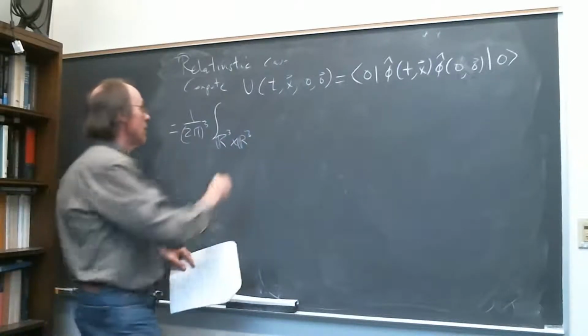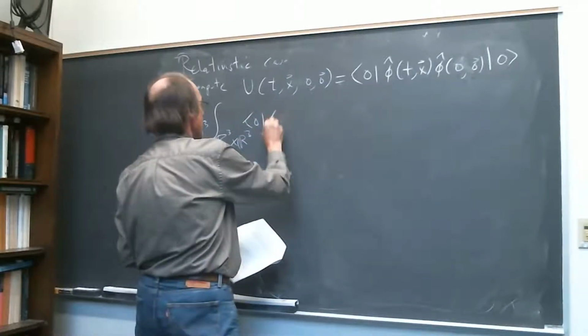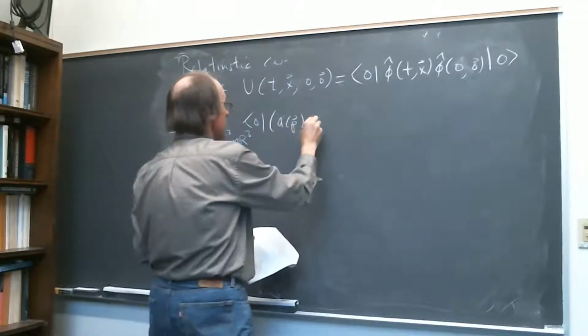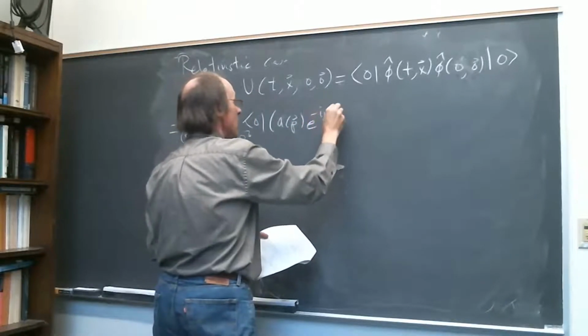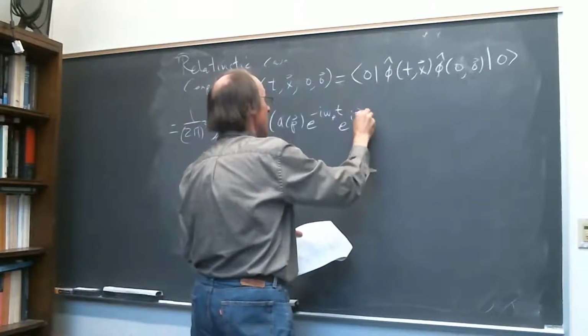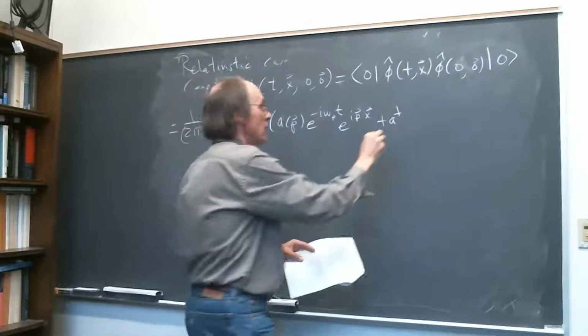You've got your 0, and your first field has a p vector, e to the minus I omega p t, e to the I p vector dot x vector, and then an a dagger of p vector.